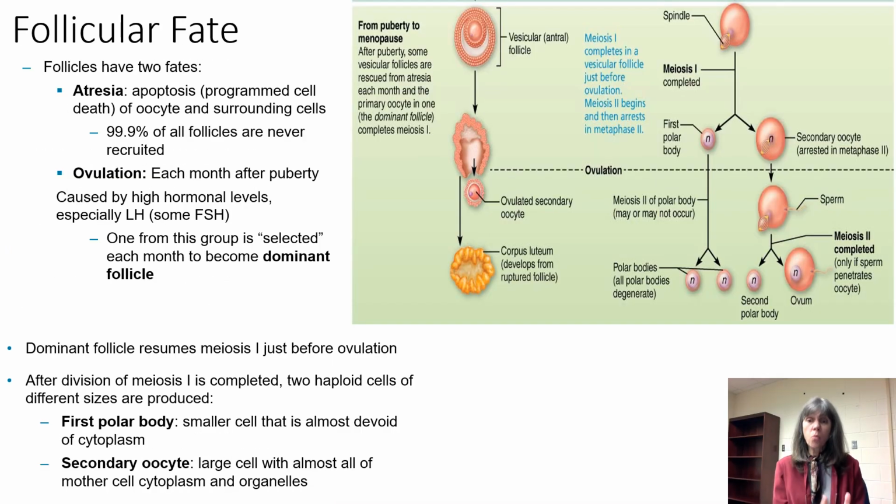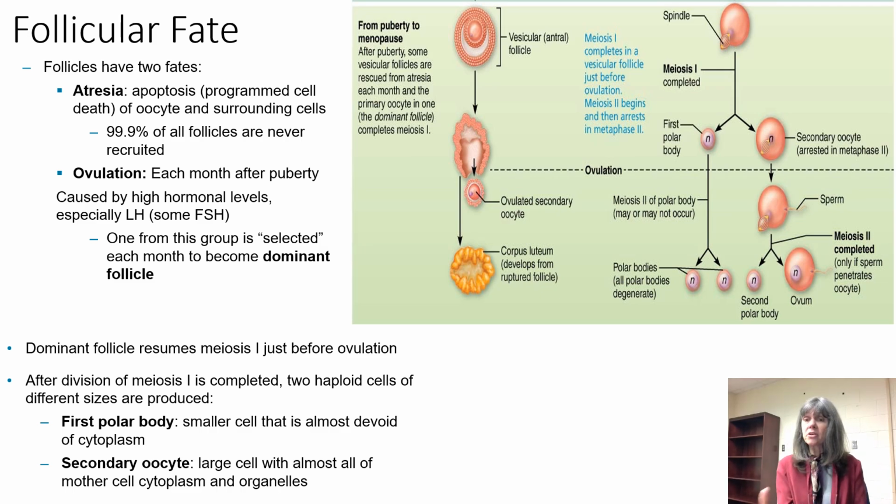Follicles basically have one of two fates. Most follicles, even as primordial follicles, will undergo a process known as atresia, which is going to include apoptosis of the cells that make up the follicle, as well as the primary oocytes within those primordial follicles.